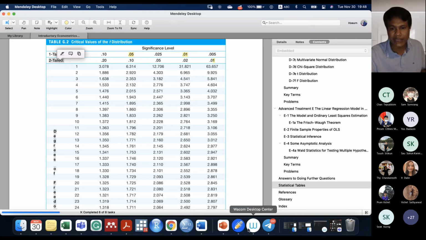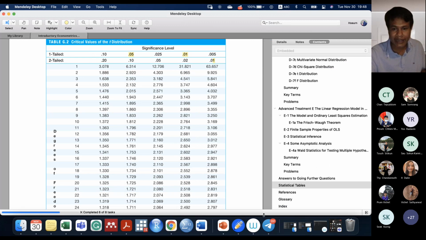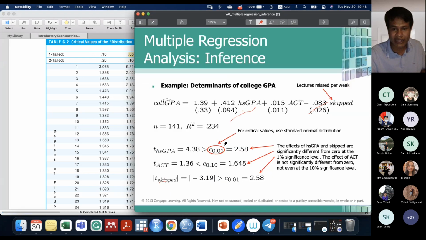For example, in our example here it is at 1%. And then degrees of freedom, how many? The degrees of freedom is 141 minus 3 minus 1. So we have 137. So 137 and 1%.